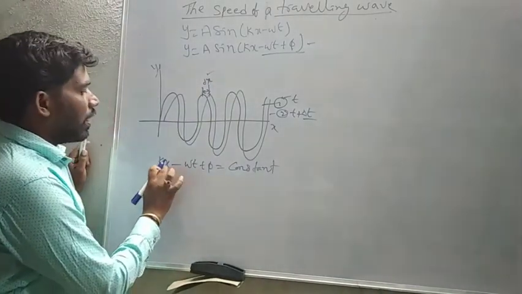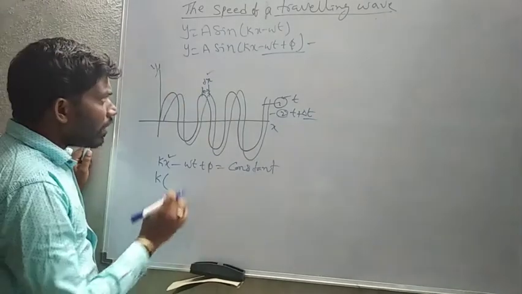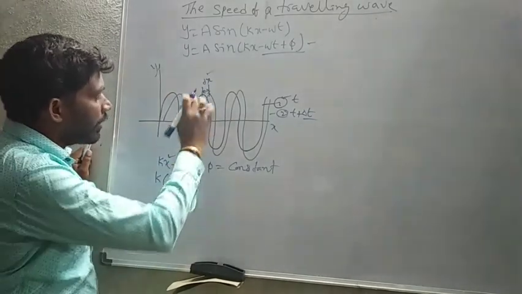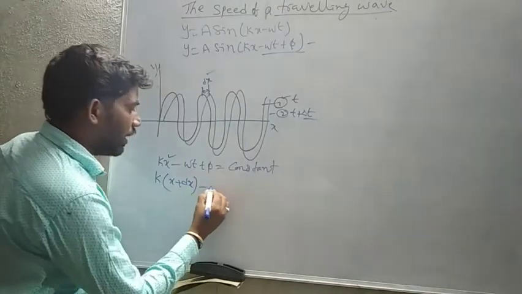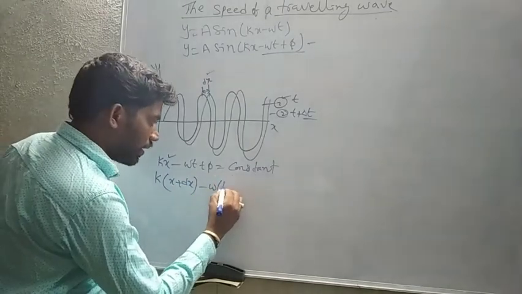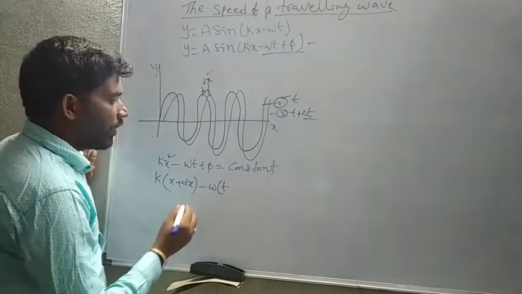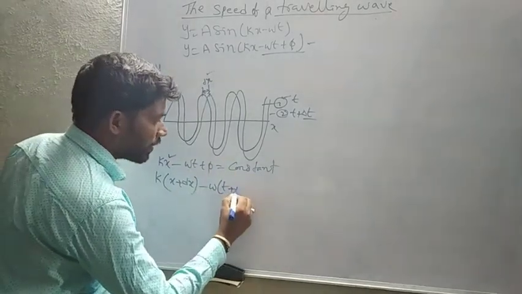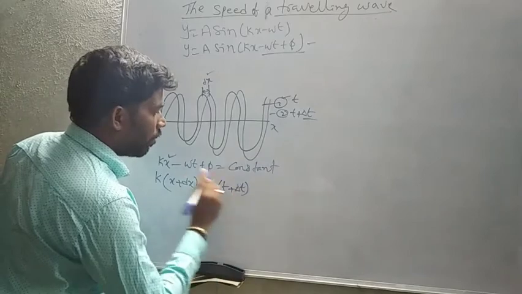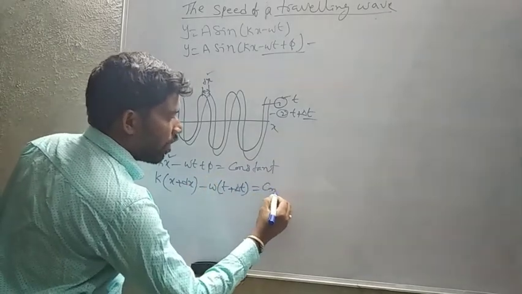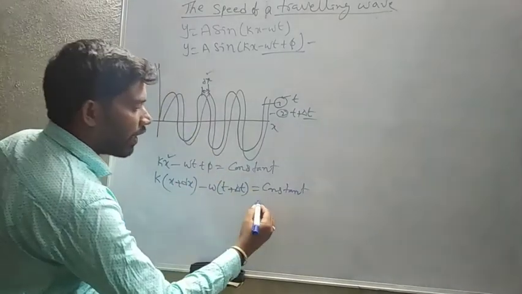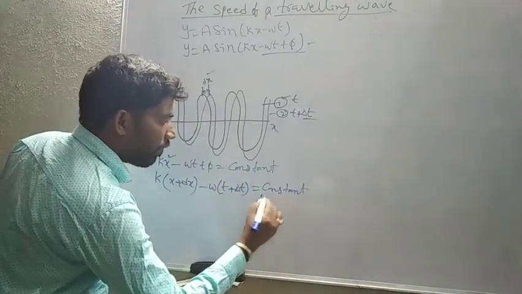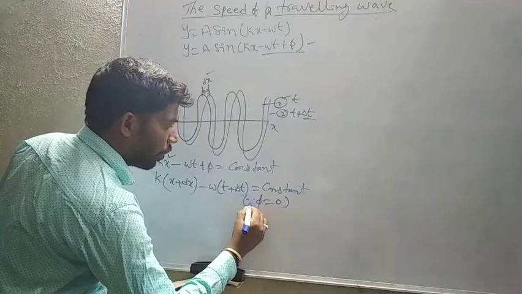Now, for k the displacement changes to x plus delta x, and for omega the time changes to t plus delta t. This is still equal to the constant, the same phase, which is why we take phi equal to 0.